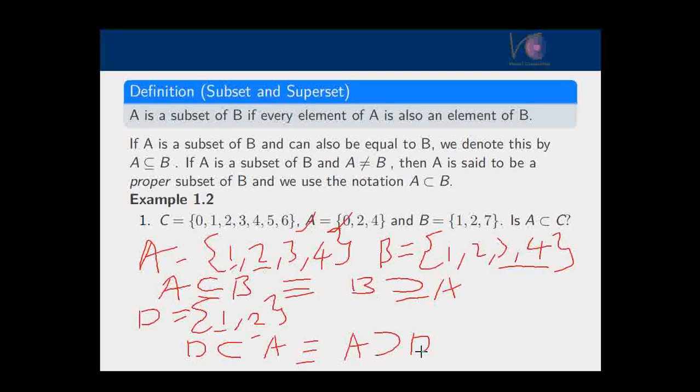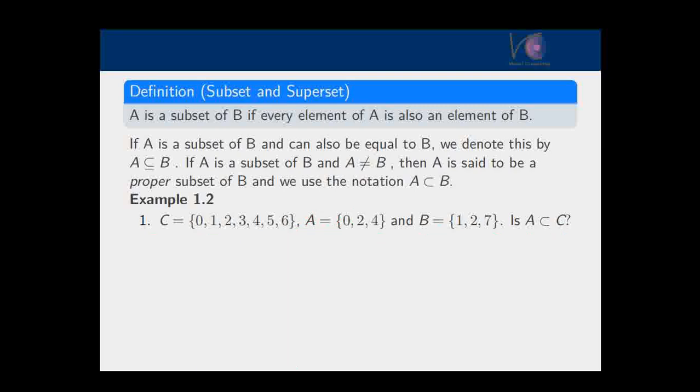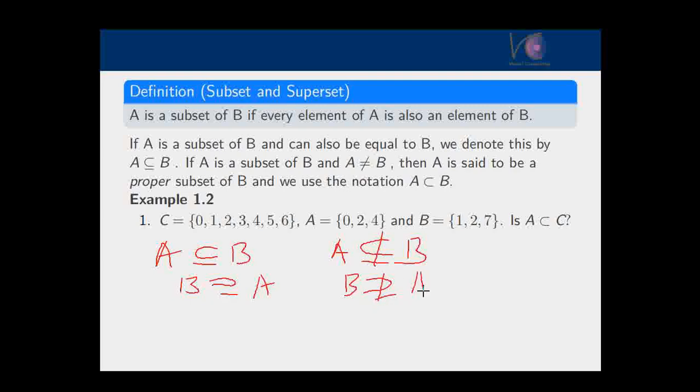So now, what will be the negation of this notation? You say the negation of A being a subset of B is written as A is not a subset of B. If you're using supersets where B is the superset of A, its negation is that B is not a superset of A. Similarly, if it's a proper subset, A is a proper subset of B, its negation is A is not a proper subset of B, like that.